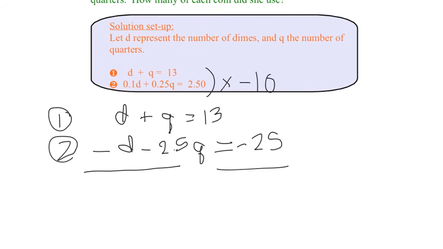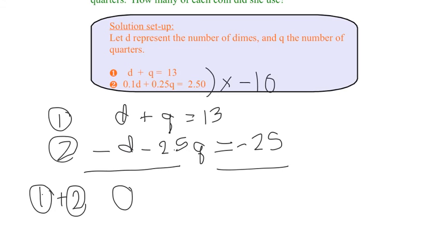I'm going to add together equation 1 and 2 to make a new equation. Crazy, right? Watch what happens when I do. You add down the columns, and I've written these in columns for a purpose. D minus D is 0.